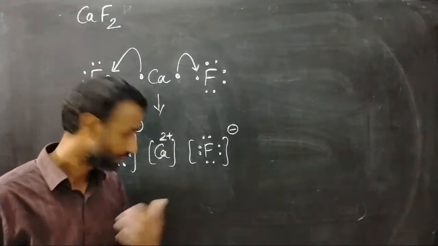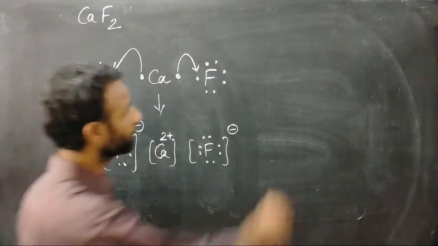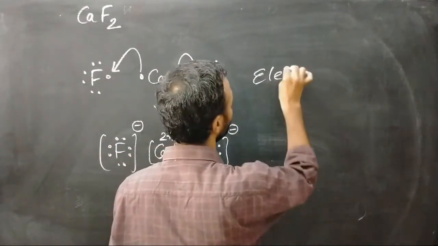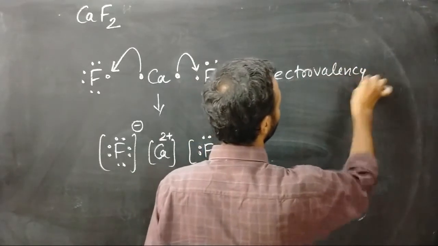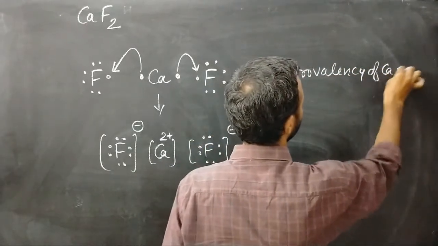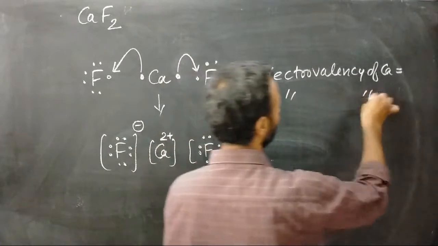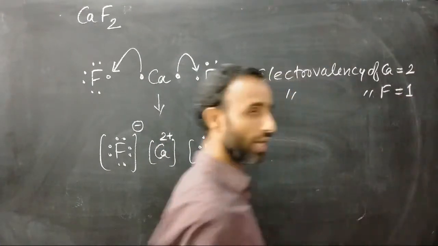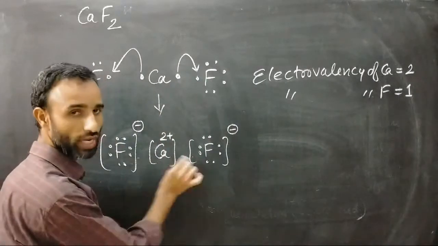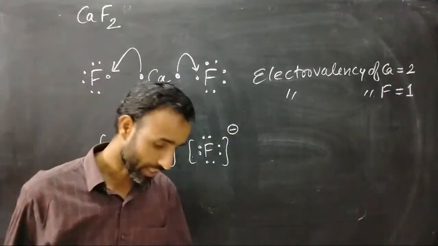And what is the electrovalency of calcium? Electrovalency of calcium is 2 and that of fluorine is 1. And this is called electrovalent bond or ionic bond.